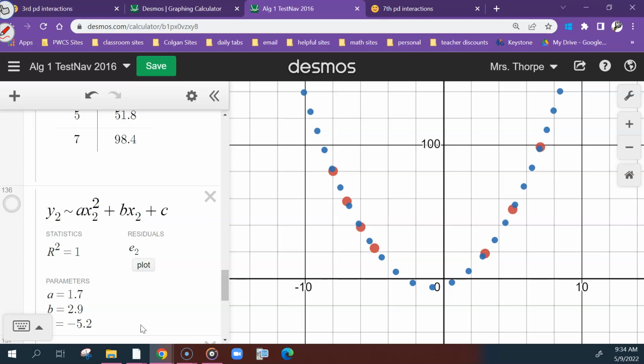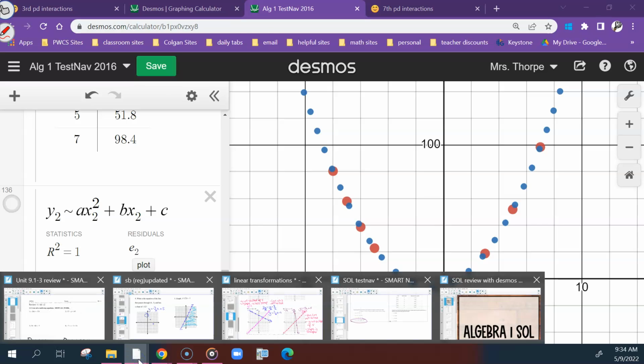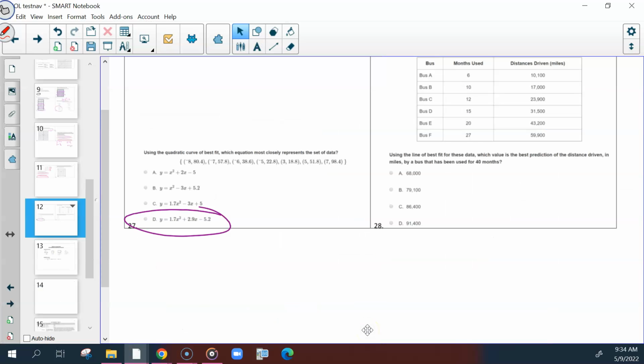Number 28. Now they're asking you to find the line of best fit for this set of data. They also want you to use that set of data to find the number of miles by a bus that's been used for 40 months.